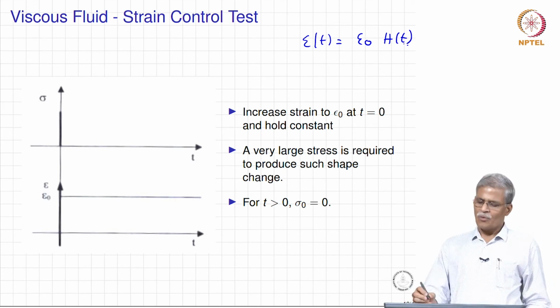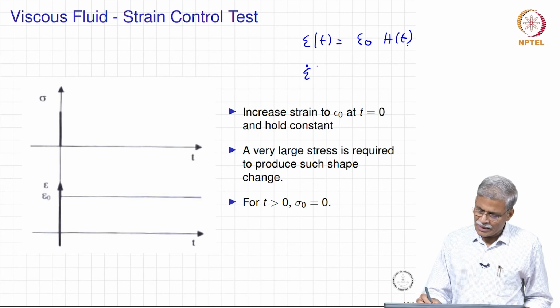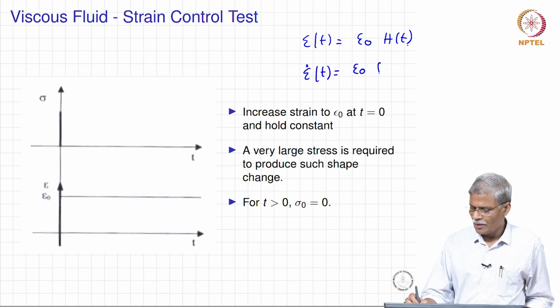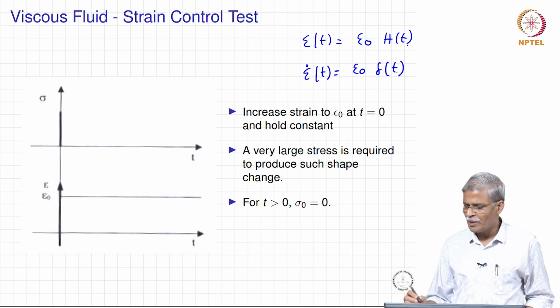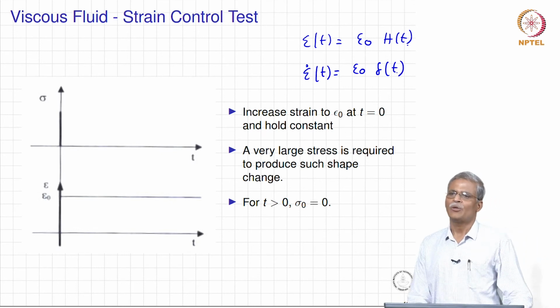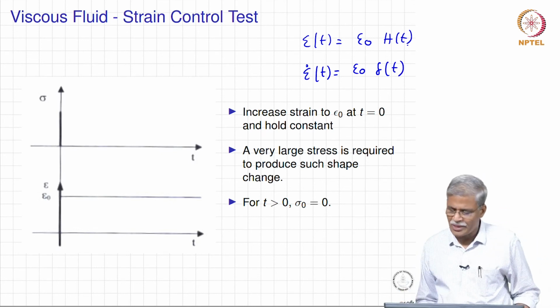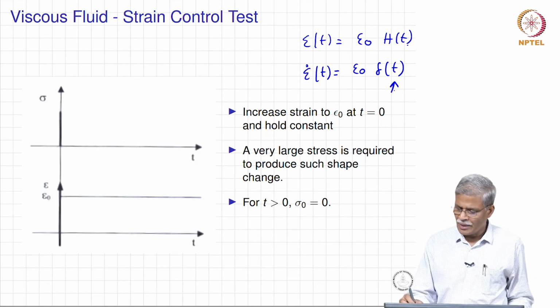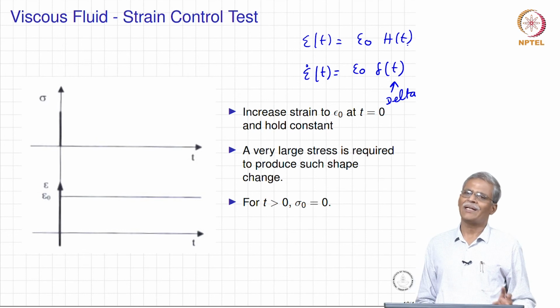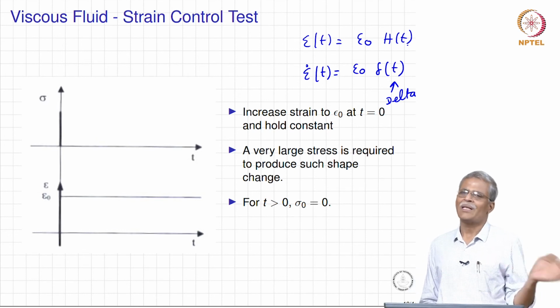Okay. Now, if we want to take the derivative of sigma of t, from elementary calculus you know that if you take the time derivative of the Heaviside function, you are going to get a Dirac delta, and the Dirac delta has a value of 1 at t equal to 0, and elsewhere it is 0.